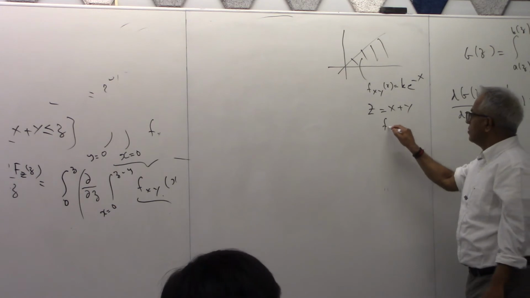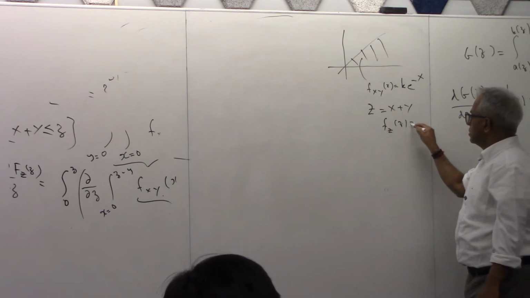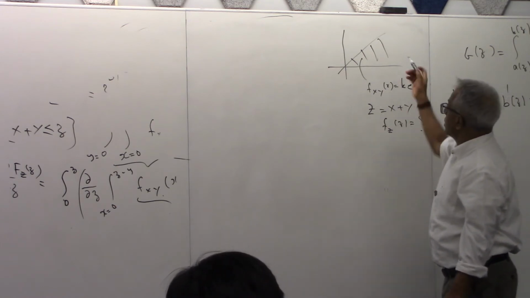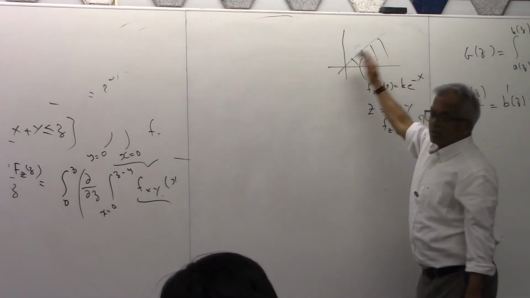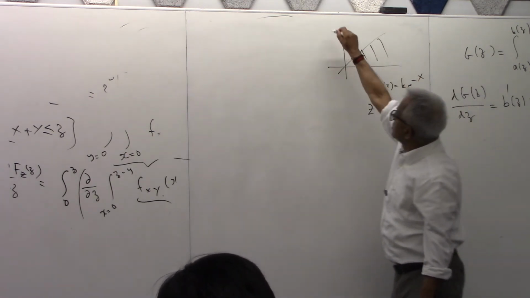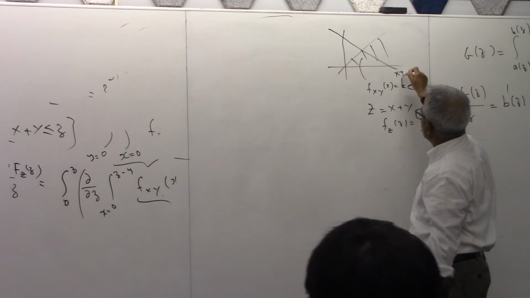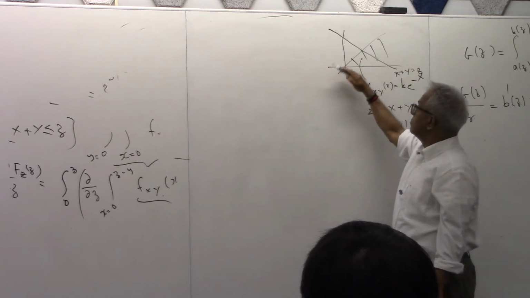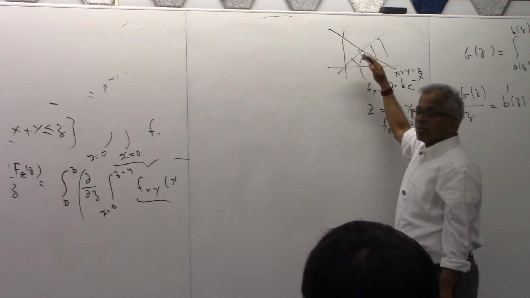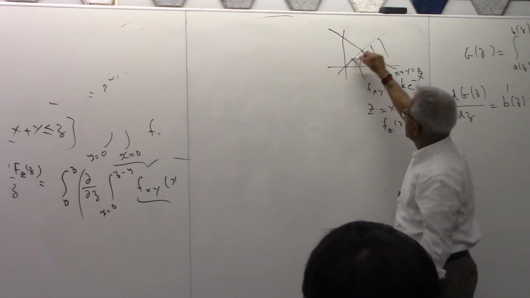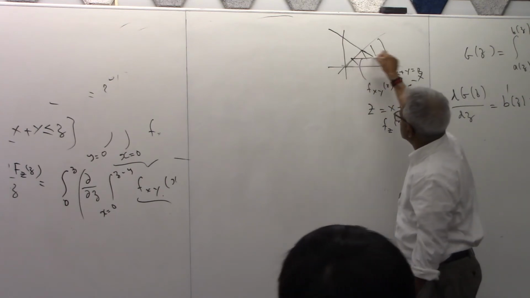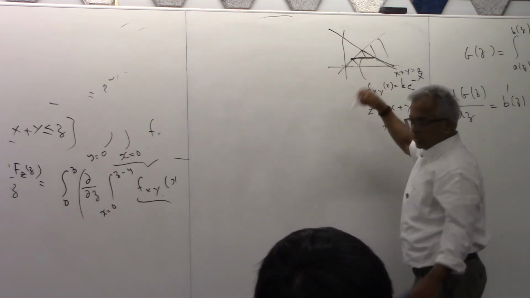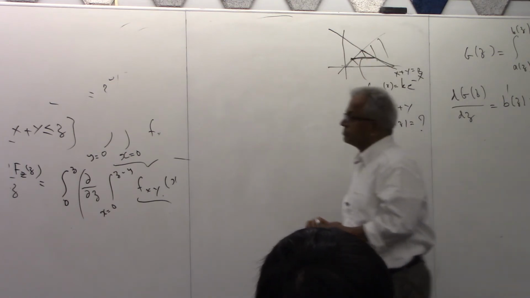Find out the density function of z. So again, draw, integrate where. So this is the line x plus y equal to c. So where are you going to integrate? We are only going to integrate here, right? So you can take a strip like this, etc. So you need to try it at home, right?